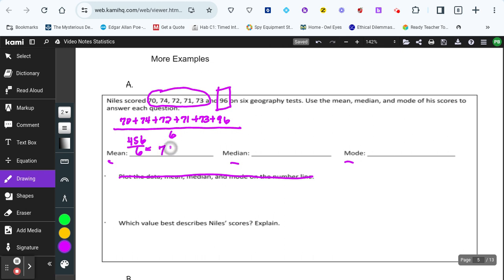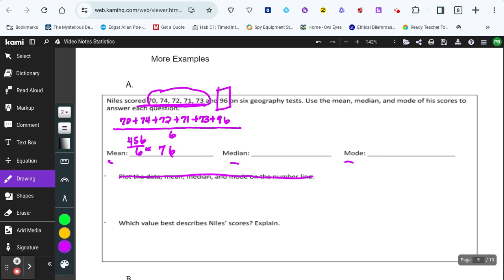So it's saying his average is like a 76. But most of his test scores are below a 76. Like none of them are actually even that. Well, 74 is close, but nothing is above a 76. All of them are below that, except that one score.